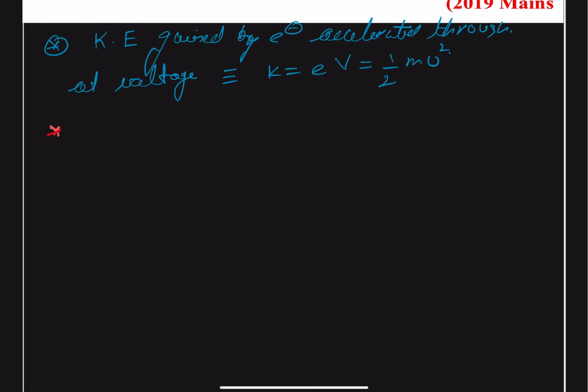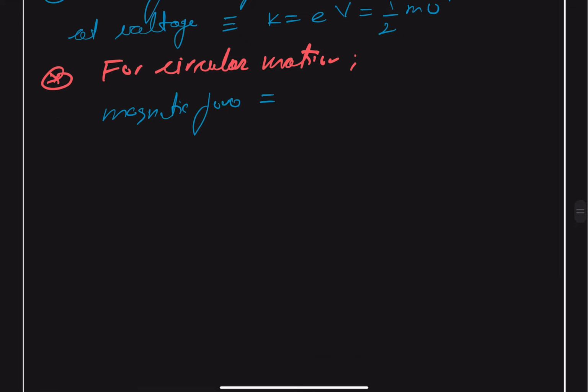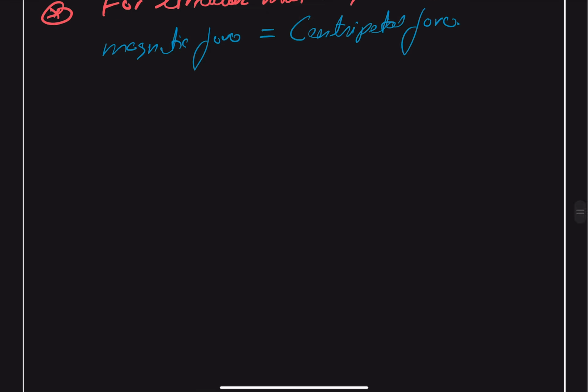So for circular motion, magnetic force provides the centripetal force. Therefore, we can write that our QVB is equal to mv square by r.